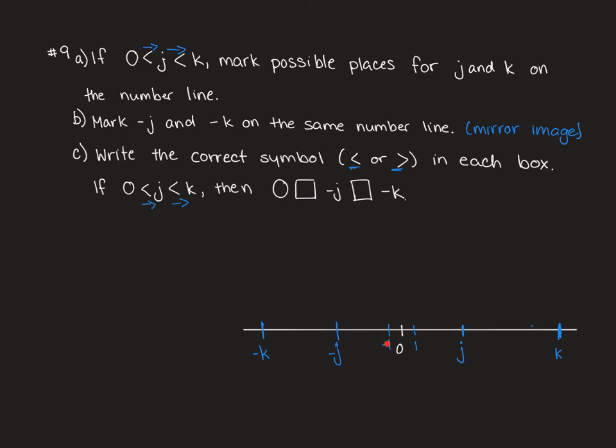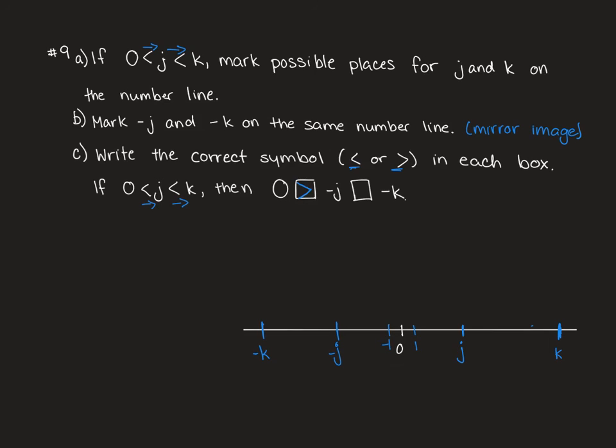So if we look at 0 and negative J, the bigger one, the one that's farther to the right, is 0. So that's the one that the Pac-Man should be eating. So when we draw our symbol, we'll make sure it's opening to the 0, so it's greater than.